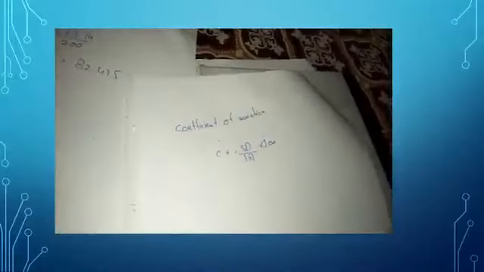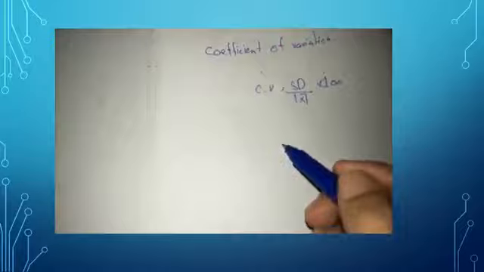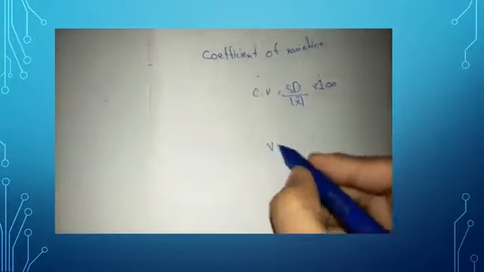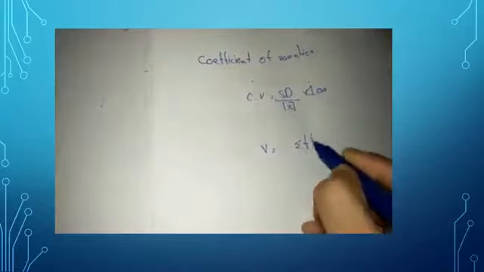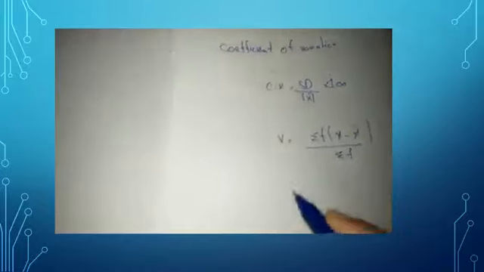So in question number 13, this is the mean, and firstly we calculate variance, then we calculate the coefficient of variation. The variance is equal to summation f times x minus mean squared divided by summation f.